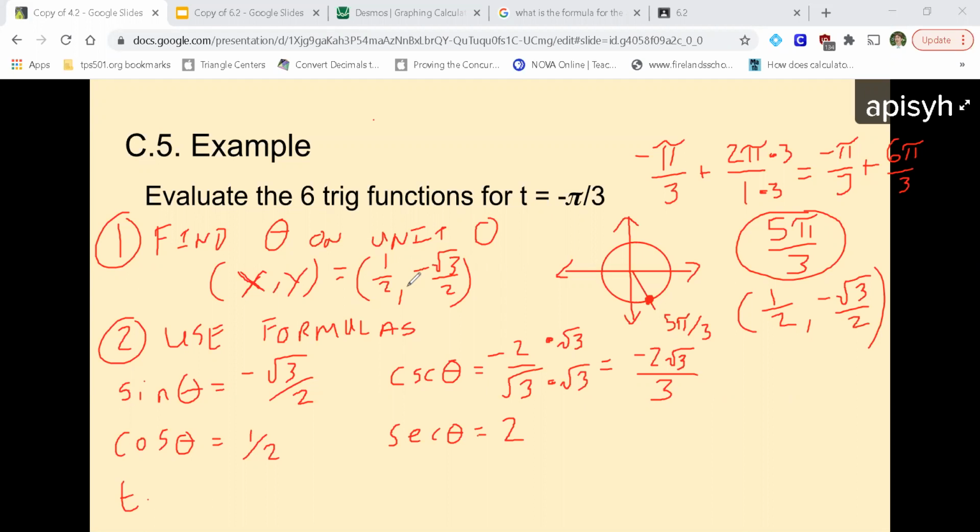The tangent of the angle is supposed to be y over x. So it'll be negative square root of 3 over 2 over a half. But again, we don't like fractions within fractions, so multiply by 2. And again, it's going to cancel out at the top and the bottom to give you just negative square root of 3 over 1, which is the negative square root of 3.